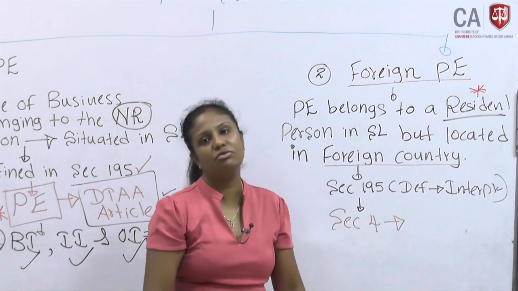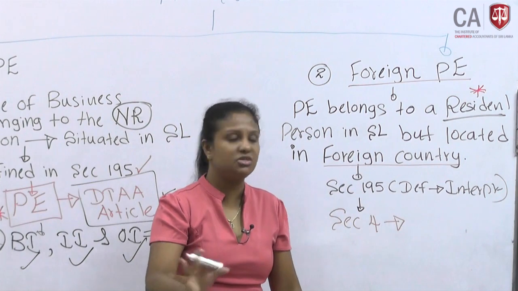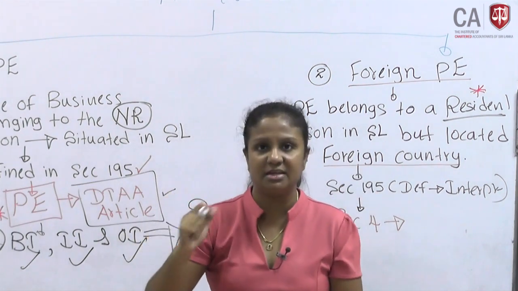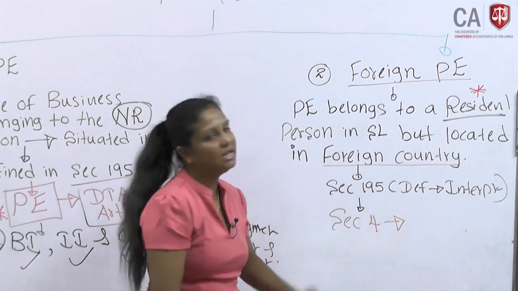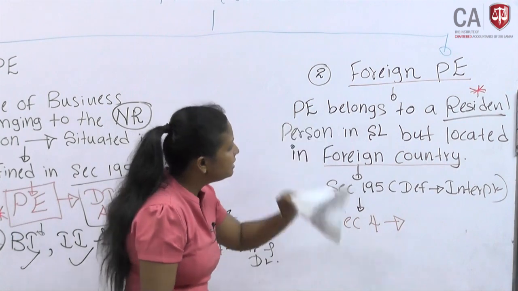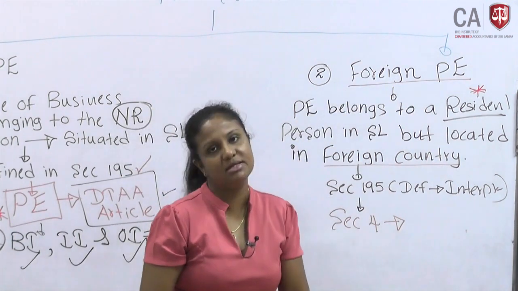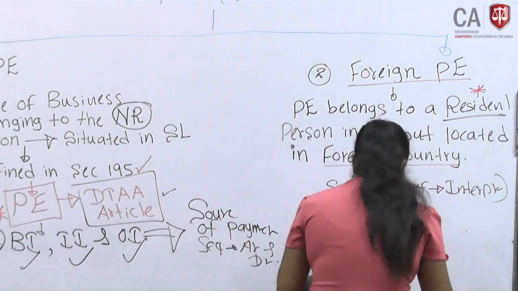It should be included, subject to exemptions maybe, but the world income of the resident person, can you remember, wherever it arises, should be taxed in Sri Lanka. Therefore, any income derived from this foreign PE by this resident person shall be taxed in Sri Lanka. Clear? We will conclude like that.